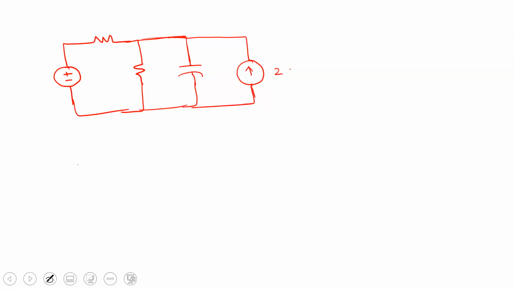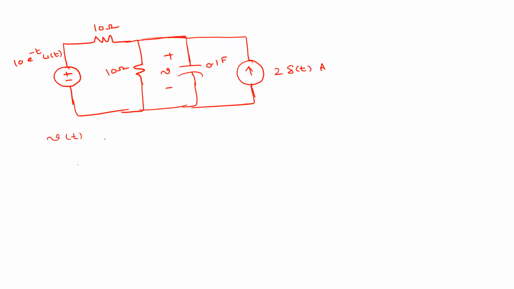So this is 2 into delta of t amperes. I will tell you what delta of t is. This is 10 e to the power of minus t u of t. This is 10 ohm and this is 0.1 farad, and this is the voltage across it, V of t, which we need to find, for t greater than 0.